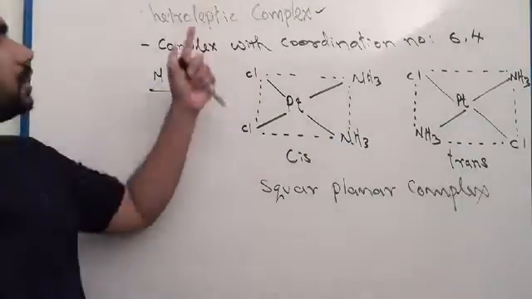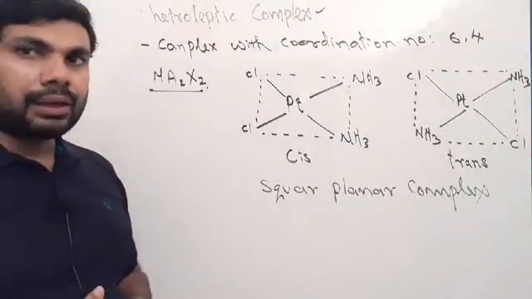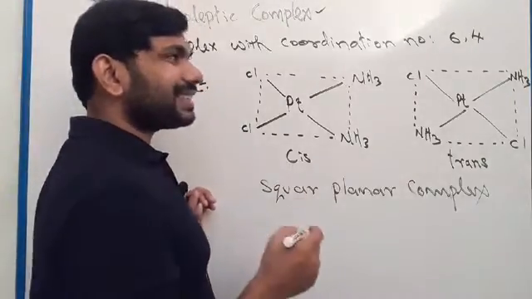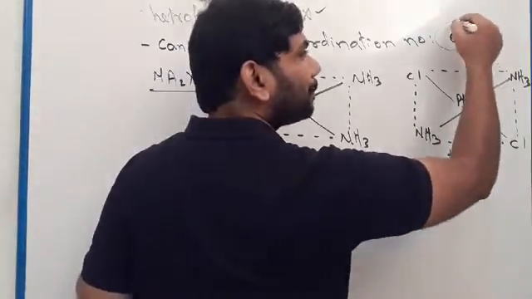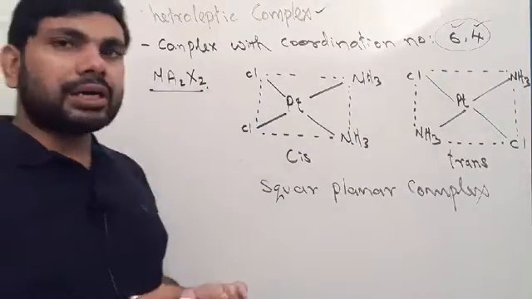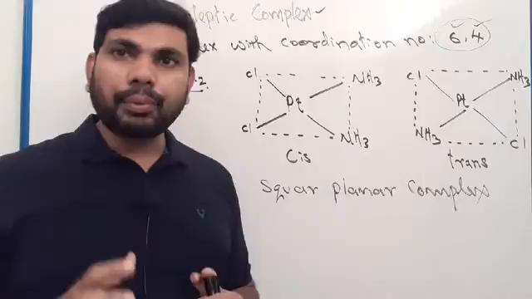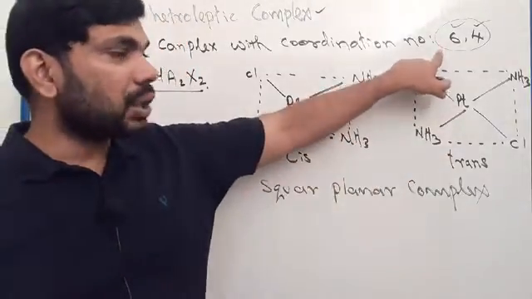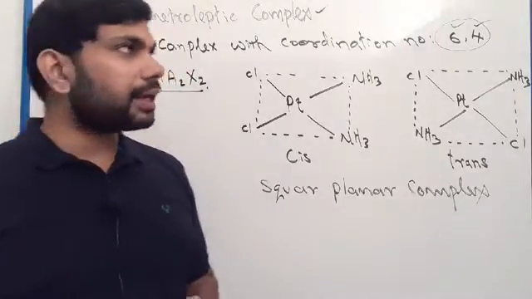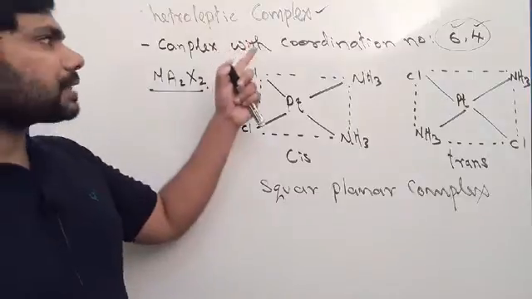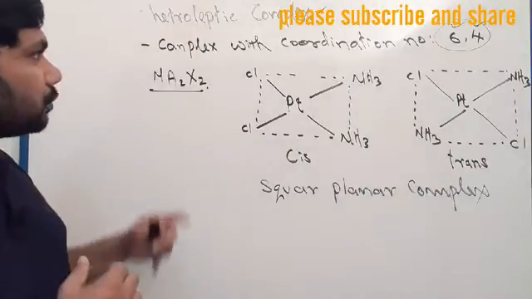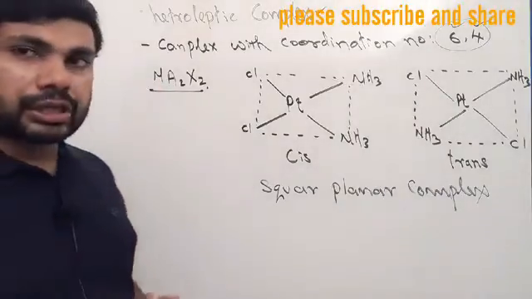Coordination compounds with coordination number 6 or coordination number 4 generally show geometrical isomerism, or you can say heteroleptic complexes show geometrical isomerism. Clear?